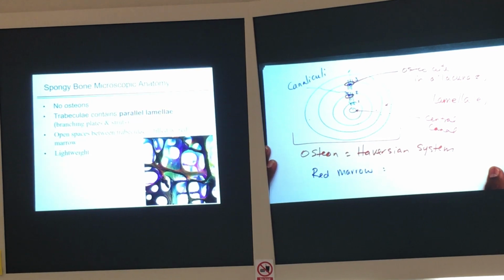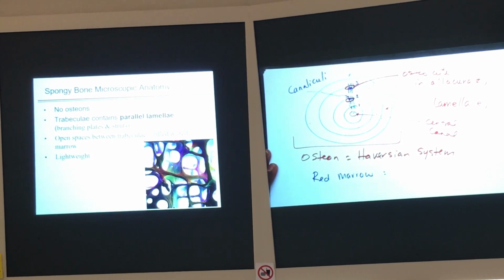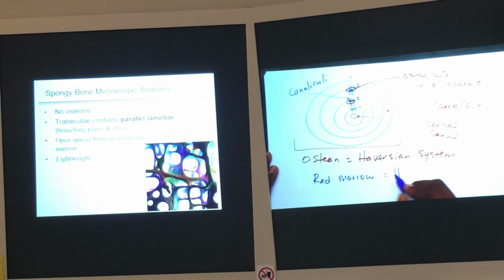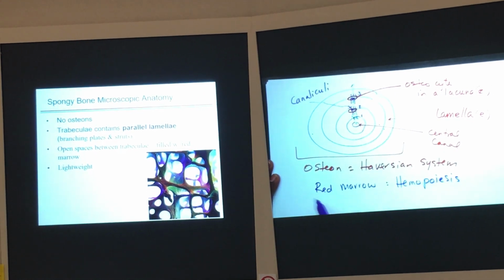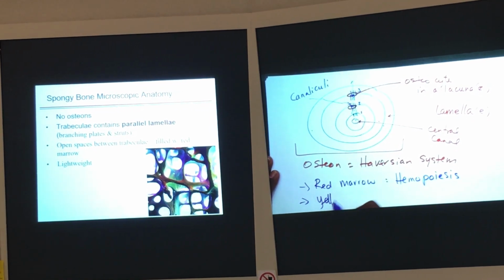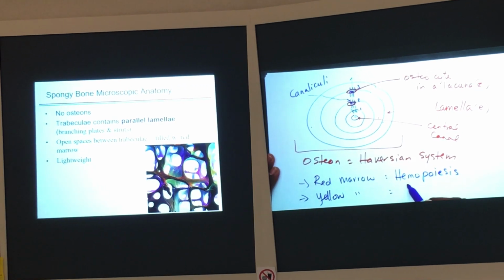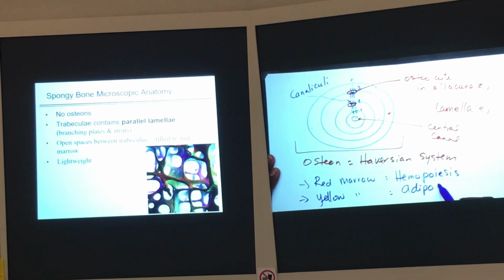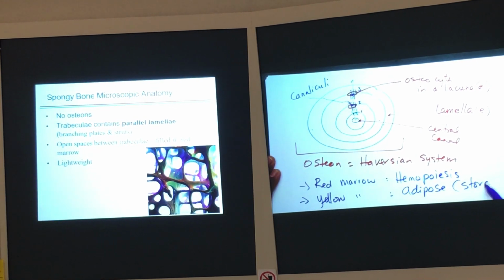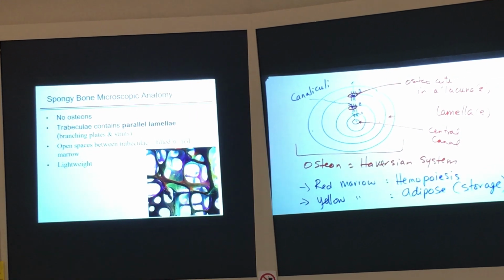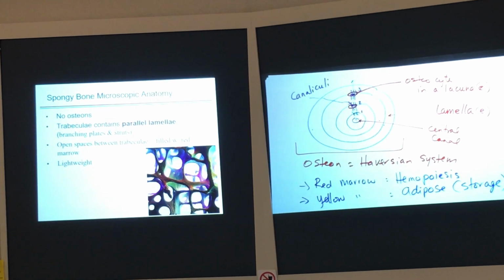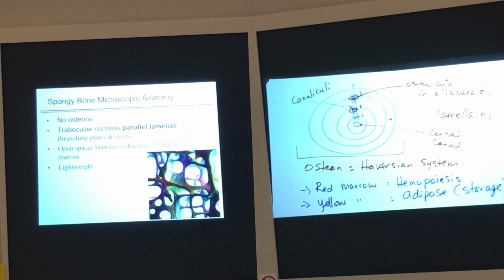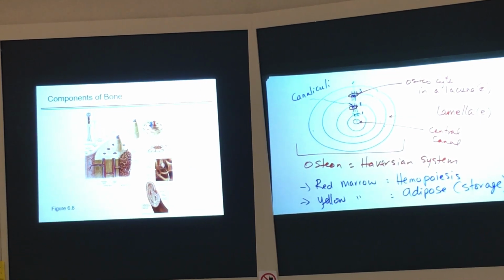Blood cell production. Hemopoiesis, hematopoiesis. Yellow marrow, fat storage. So this will give the space for the marrow and then at the same time make it lighter.